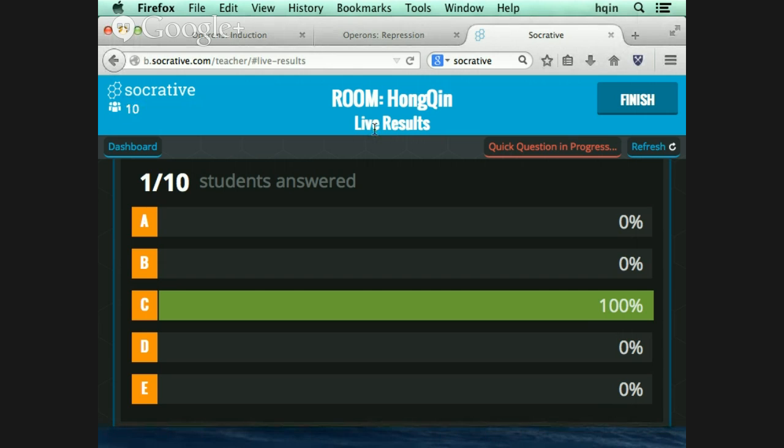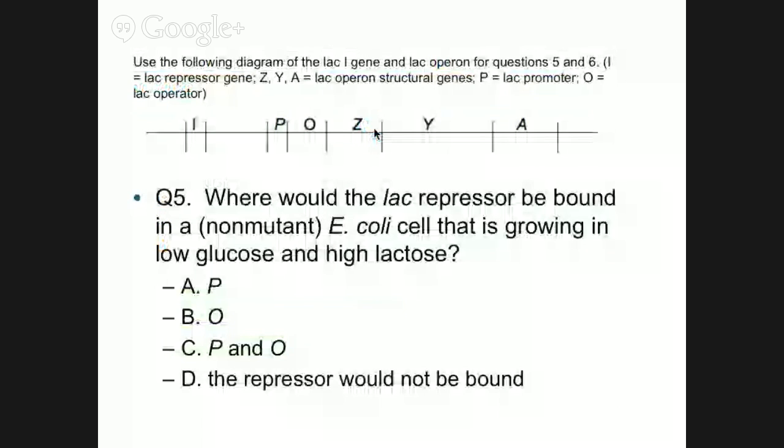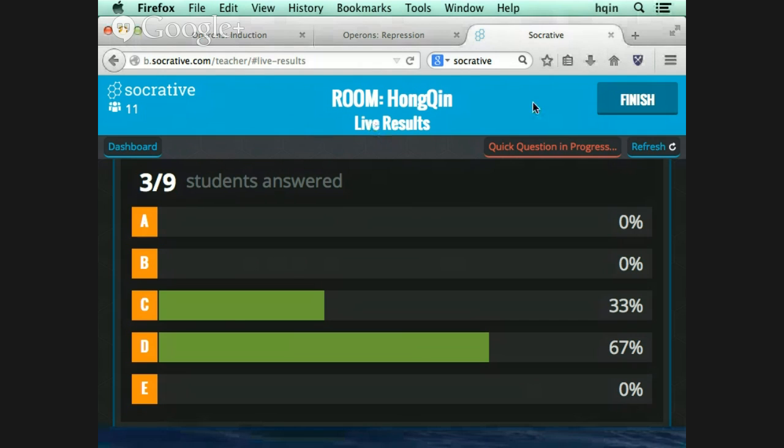Okay. Only one person answer. See. Okay. What? It doesn't show. Hold on, I'm not sure. Sorry, I'm also new to Socrative, so let's see if I refresh.